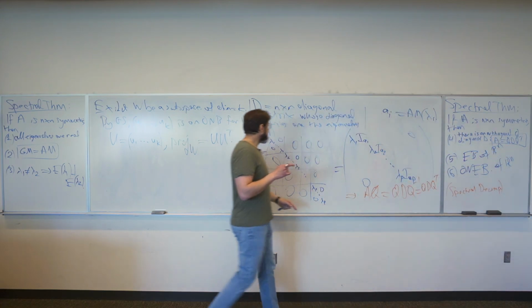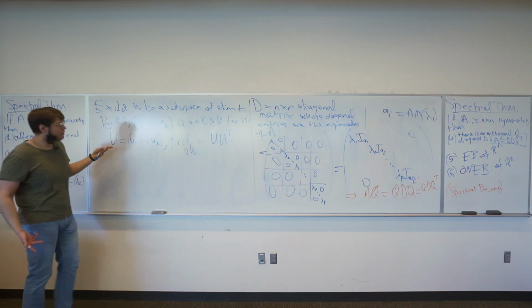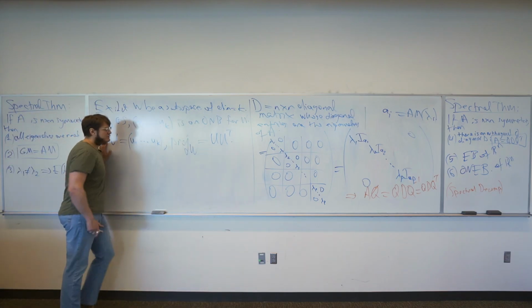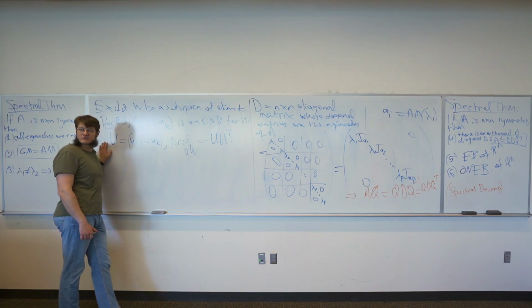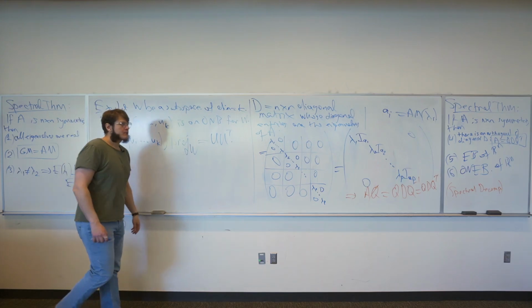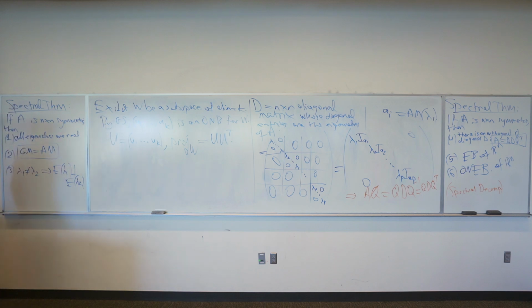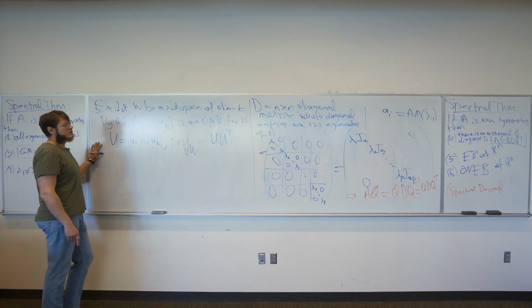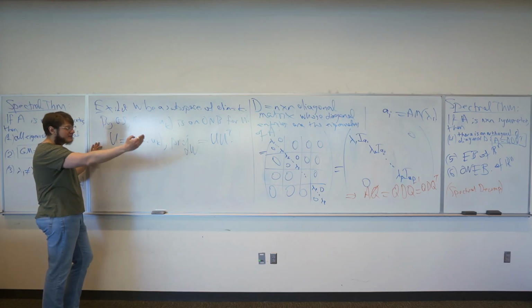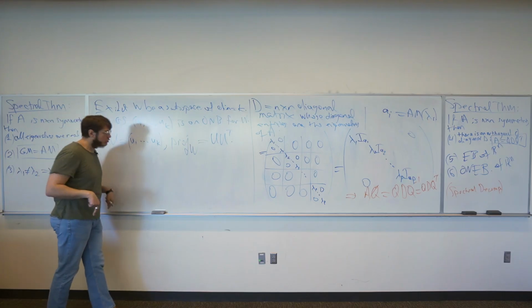What's the difference? Well, first of all, in this case U is not necessarily a square matrix. But an orthogonal matrix has to be square. What you can do is look at orthogonal projection onto the orthogonal complement of W and get an orthonormal basis for that also.